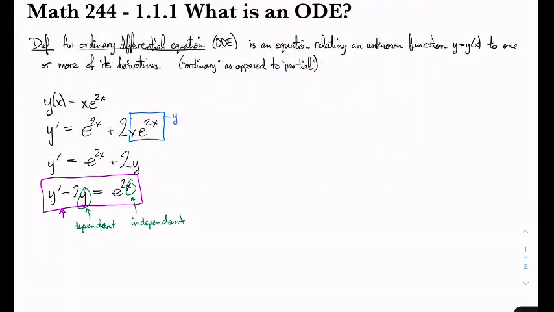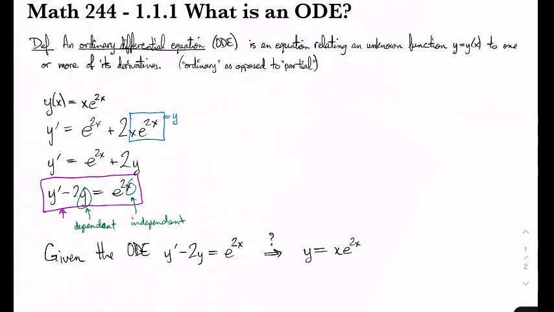Typically, the way this would work is you would be given the differential equation y prime minus 2y equals e to the 2x, and then by some mysterious method, yet to be revealed, you would have to work out the solution that it would have to be.